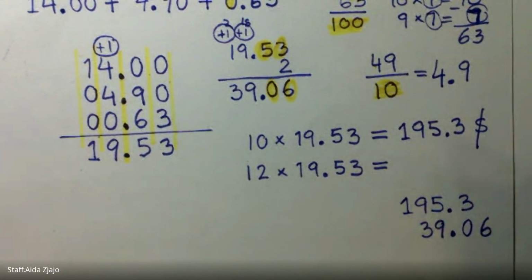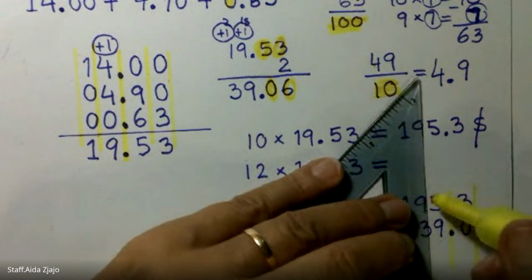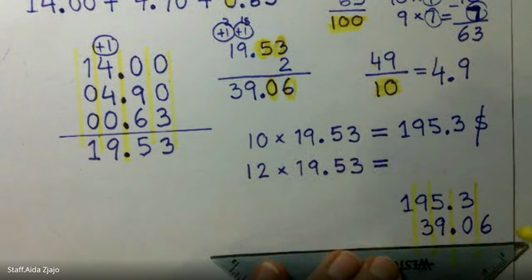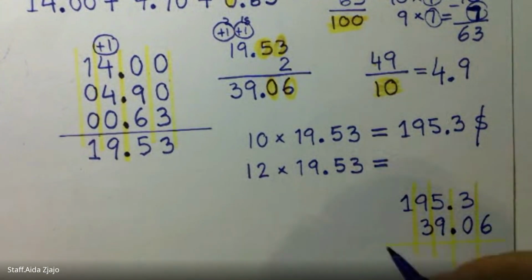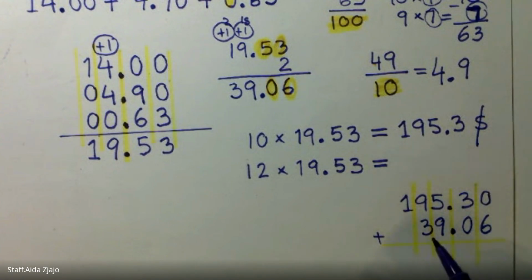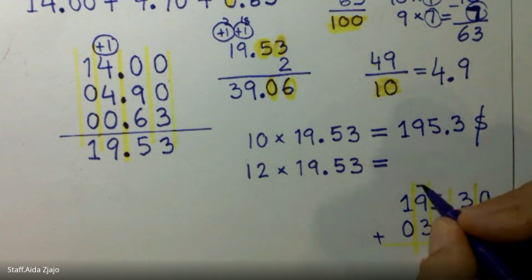See, now I'm going to draw lines, and then I'm going to change the tenths into hundredths. 39 does not have any hundreds, so I'm going to put 0, and I'm going to add that together. 6, 3, decimal goes in line. 9 and 5 is 14.